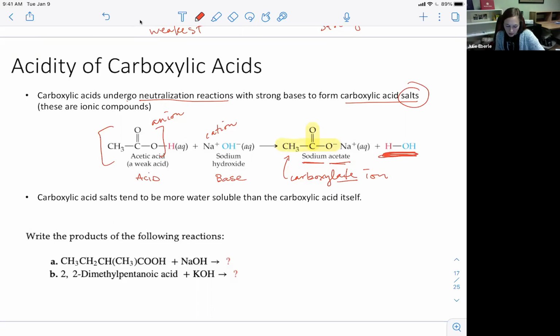So the carboxylate ion is acetate, and here it is paired up with the cation from the base, sodium. And this acidic hydrogen pairs up with the OH minus from the strong base, and that's where you get water, which is neutral. And so that is why we're calling this a neutralization reaction. This is just an acid-base neutralization reaction.